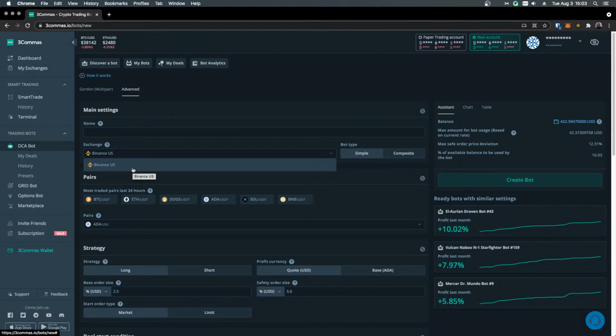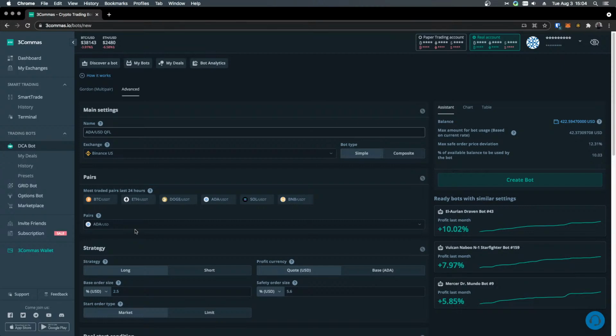We won't go through any of those details, but once you have your exchange set up, you select it, and then what we're going to do today is call this the ADA USD QFL bot, because I have picked ADA or Cardano and paired it with the US dollar as it is on Binance.us.